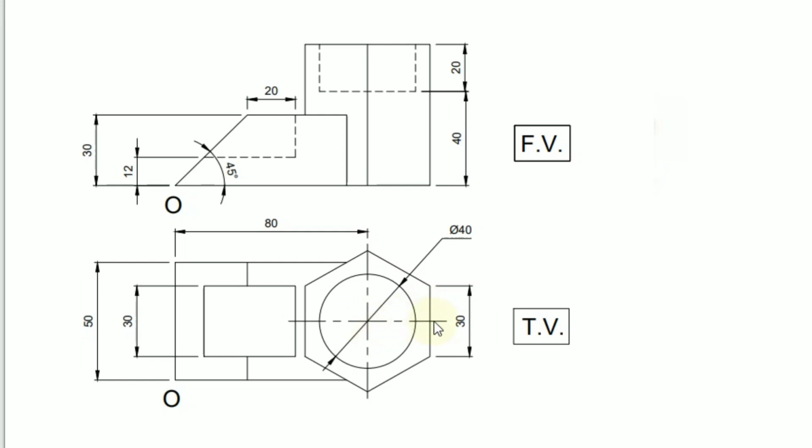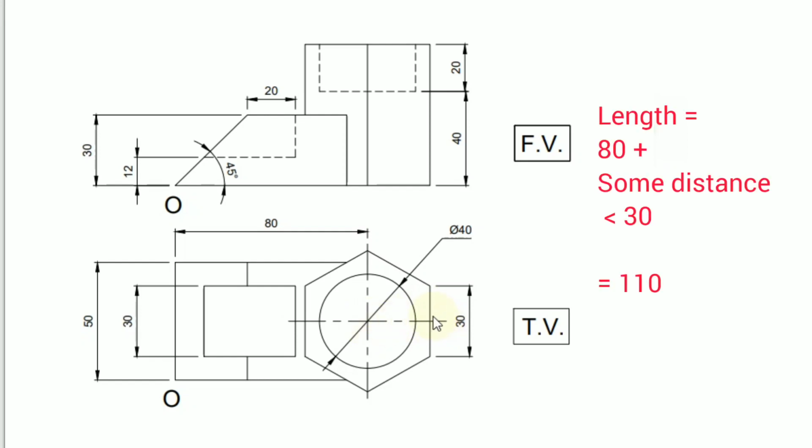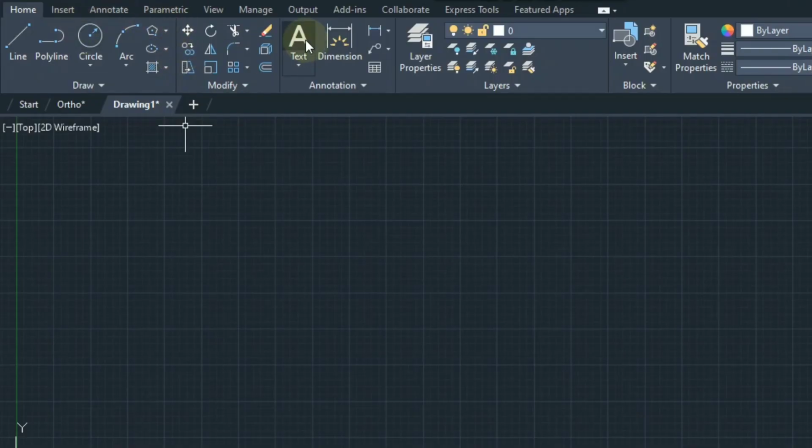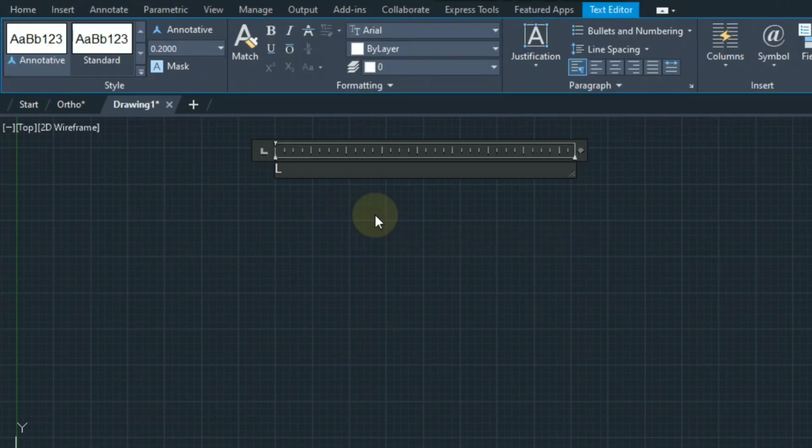Of course this distance would be less than 30, but right now we will consider the total length as 80 plus 30, that is 110. So we are getting length equal to 110.